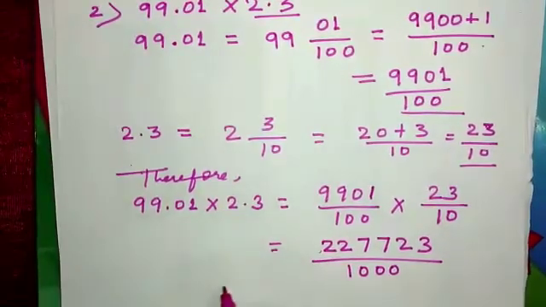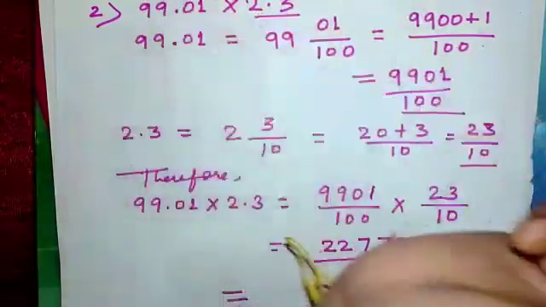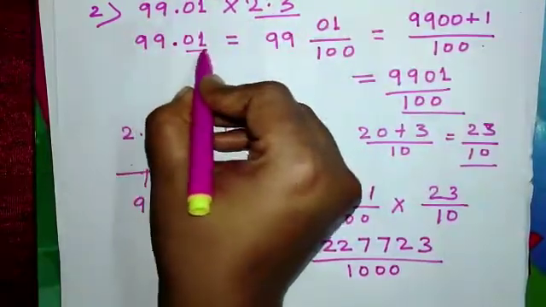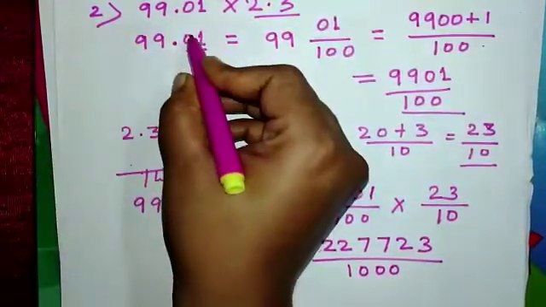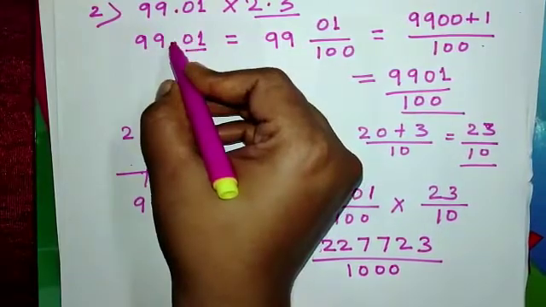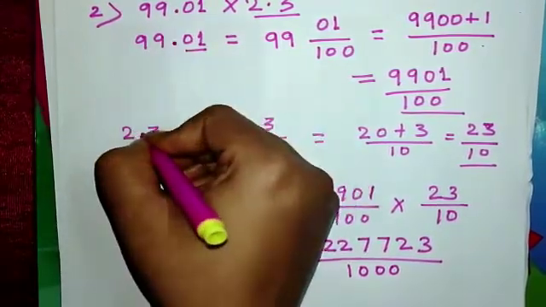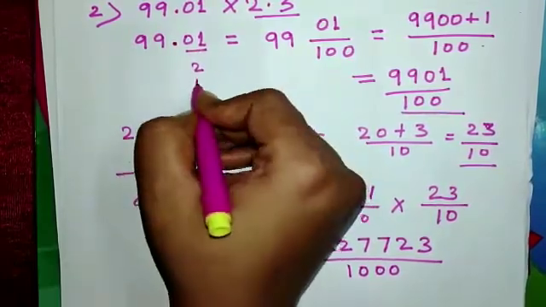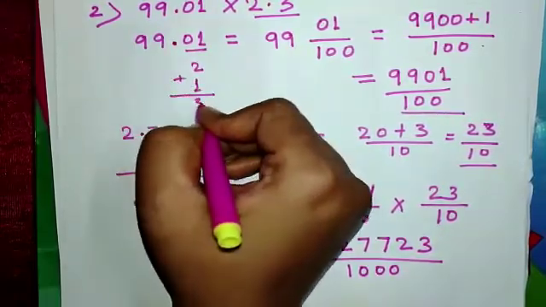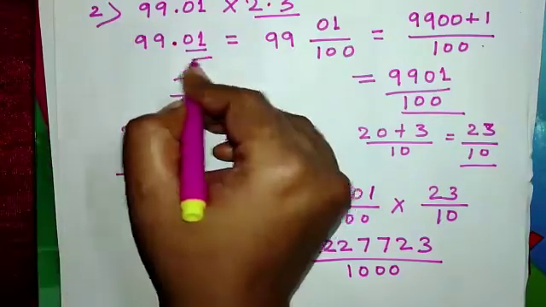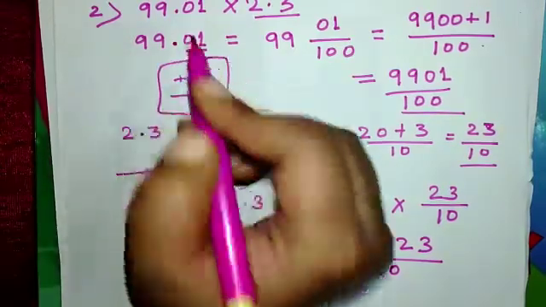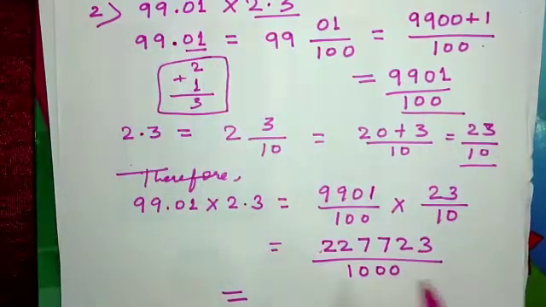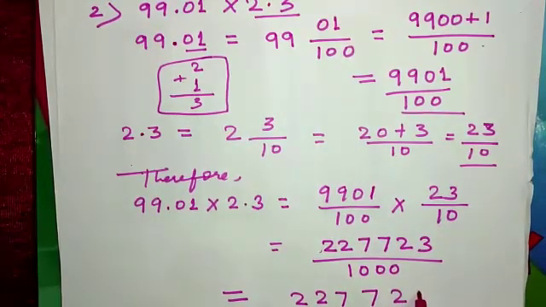Okay. Again, how to put the decimal we will see here. Here we are getting 2 places after the decimal, and here we are getting 1. We will do the sum and we will get 3. So we will count 2, 2, 7, 7, 2, 3.